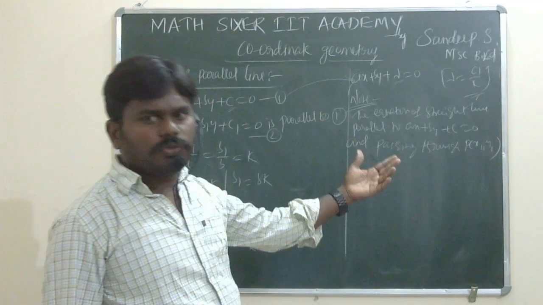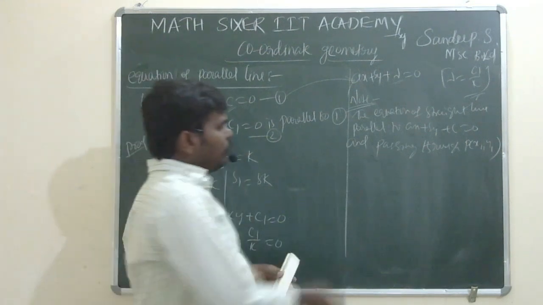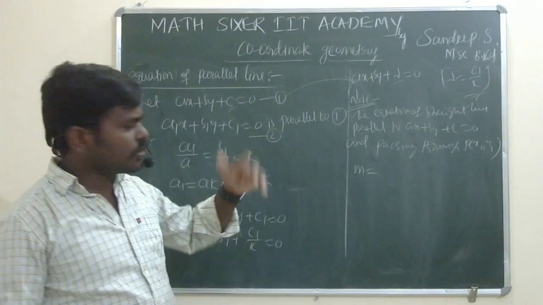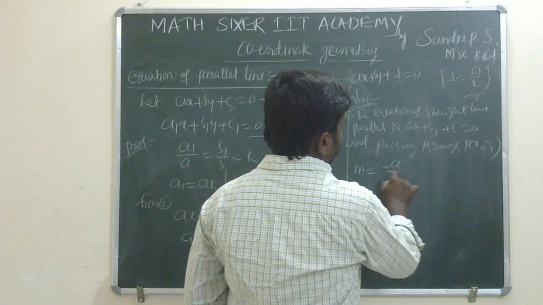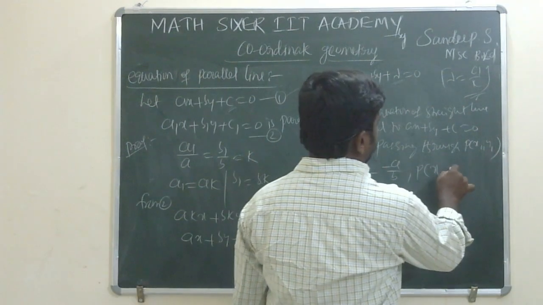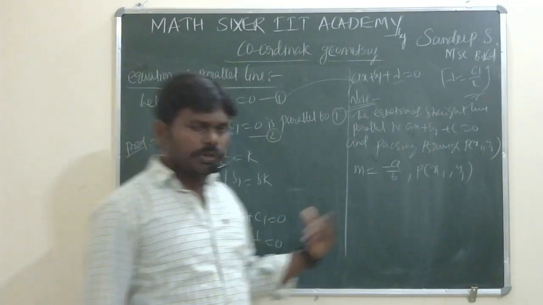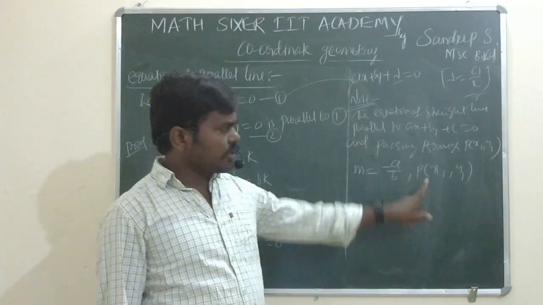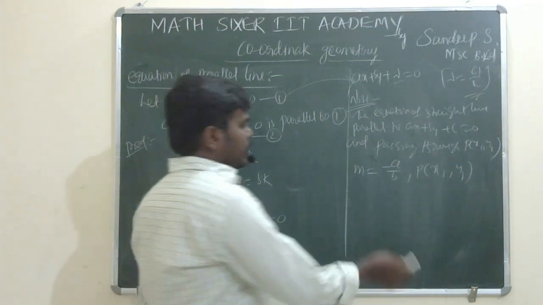When we want to find the equation which is parallel to one equation, we have to remember the slopes. When the lines are parallel, their slopes are equal. Here the slope of the equation is minus a by b, and they have given a point P(x1, y1). In my last video I explained different forms of the straight line: slope and one point, the point-slope form. So what is the line equation now?